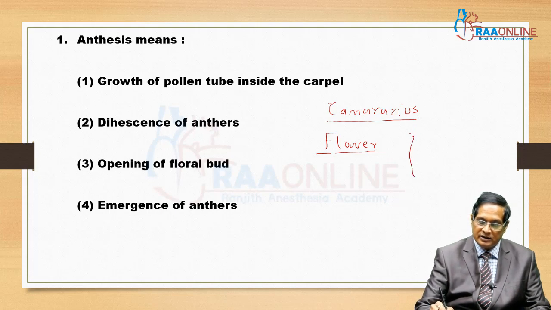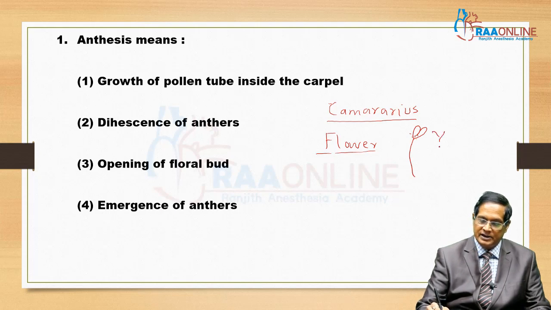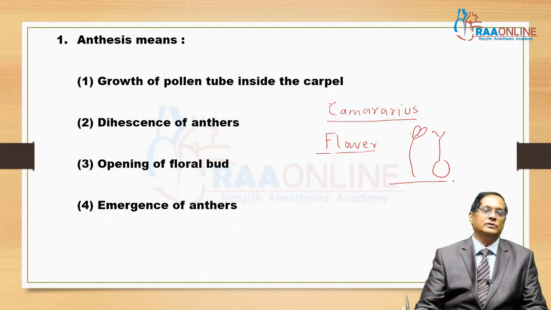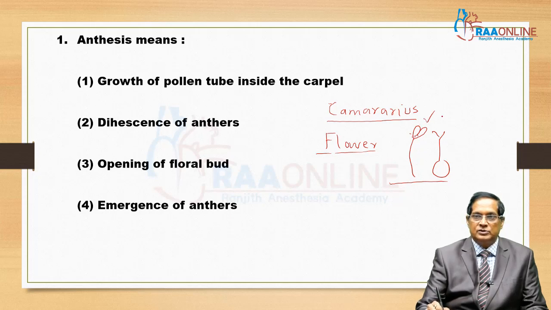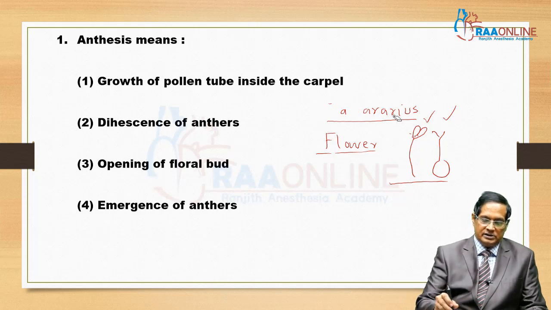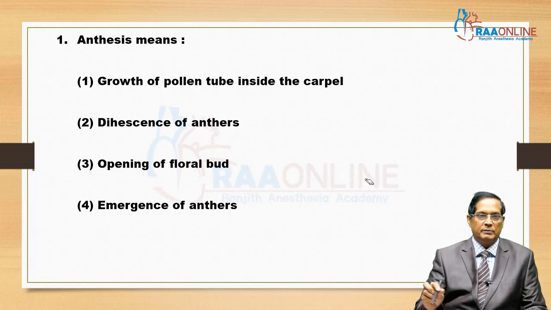These 2 whorls of the flower, that is stamen and carpel, are enough for the production of a new plant. They are concerned with the formation of fruits and seeds, and those seeds, if they are shed, give a new plant. So Camerarius discovered the reproductive structure in plants, and the flower is the reproductive structure of an angiospermic plant.